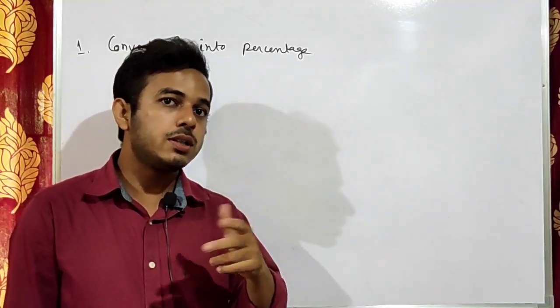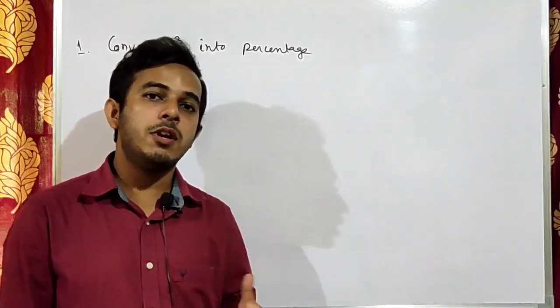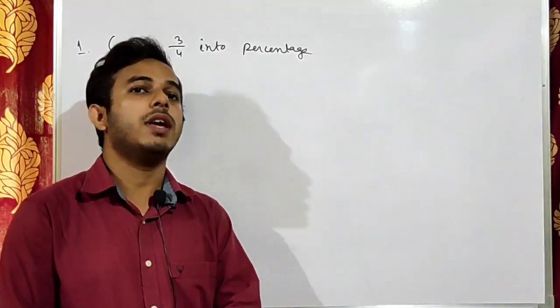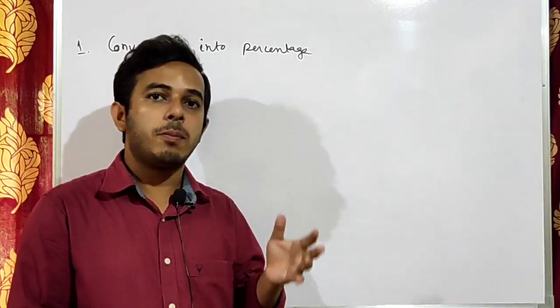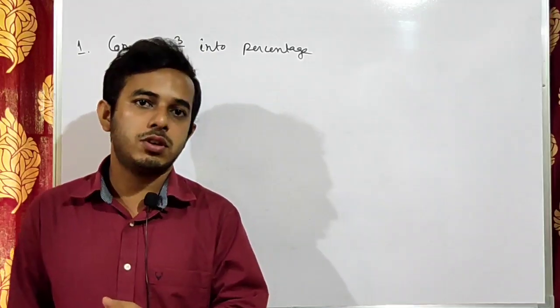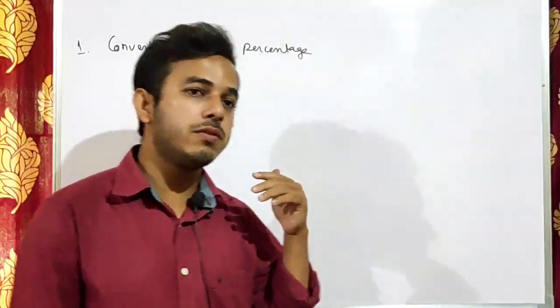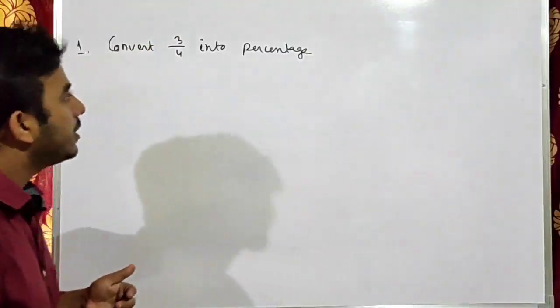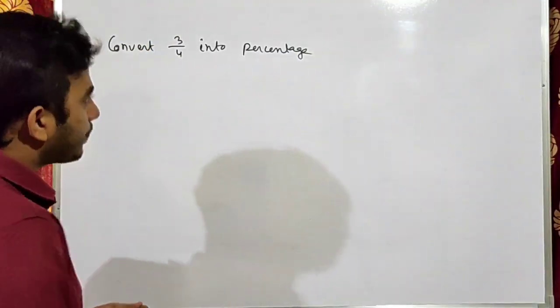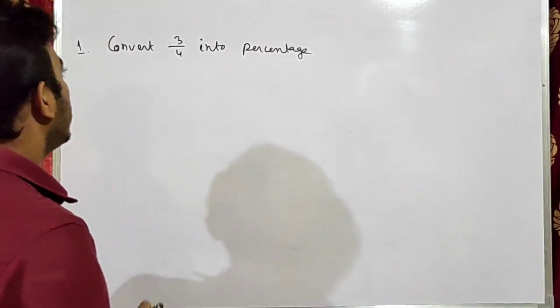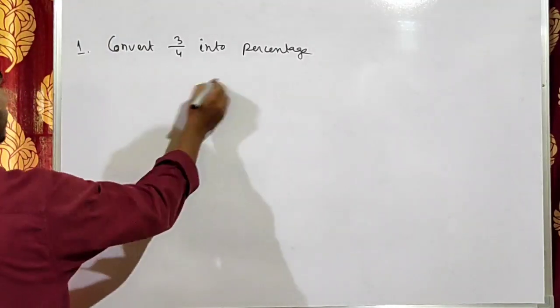When we have to convert a fraction or decimal into percentage, we have to multiply with 100. And when we have to convert a percentage to a fraction or decimal, we have to divide by 100. So here this one is a fraction. So how can we convert it into percentage? We have to multiply with 100. Clear?